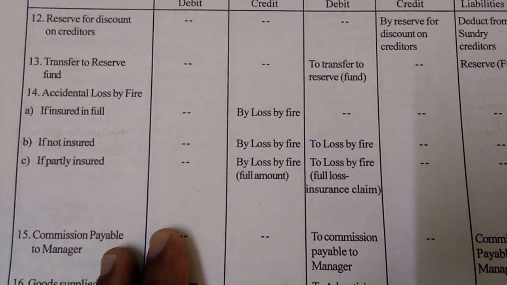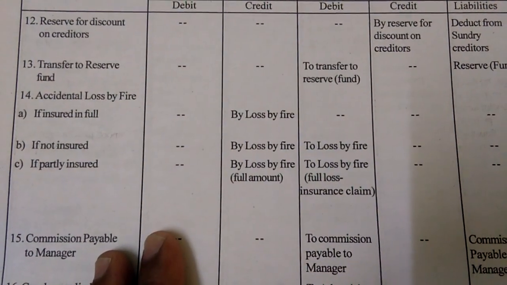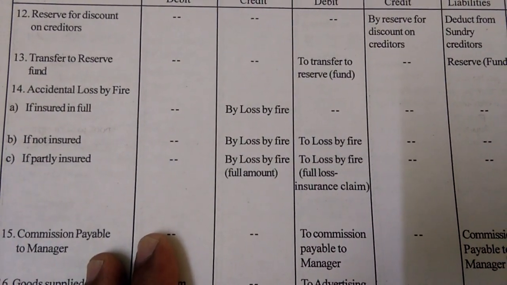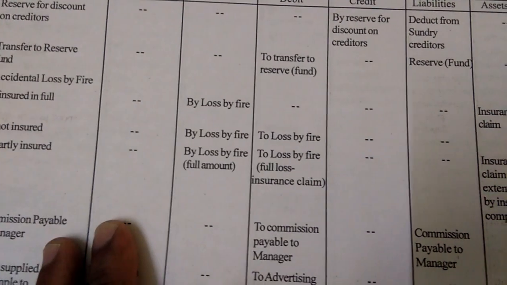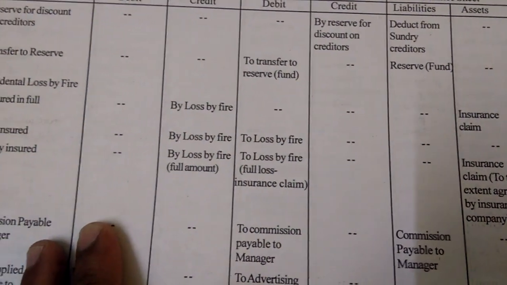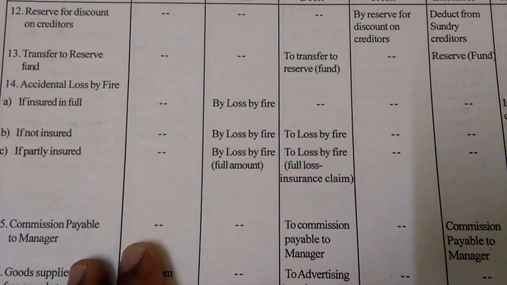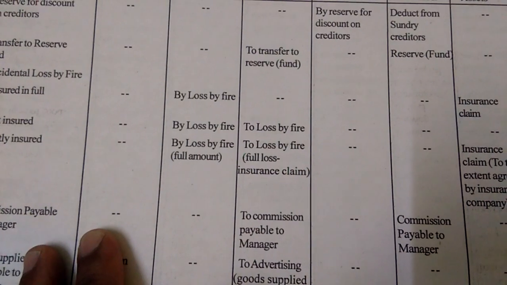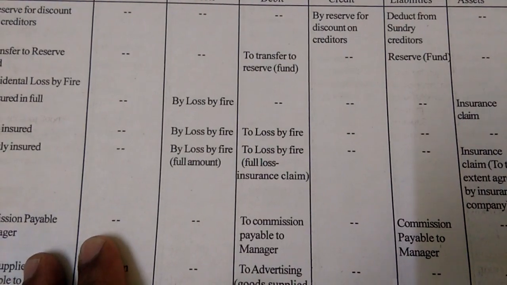14th one, accidental loss by fire. In this accidental loss we have three cases. First case, if insured in full, the total amount is credited in the trading account and the total amount is shown in the asset side of the balance sheet. B point, if not insured, the total amount of loss is credited in the trading account and shown in the debit side of the profit and loss account.